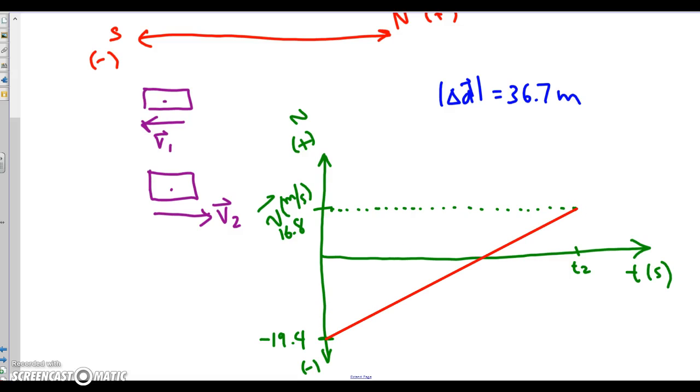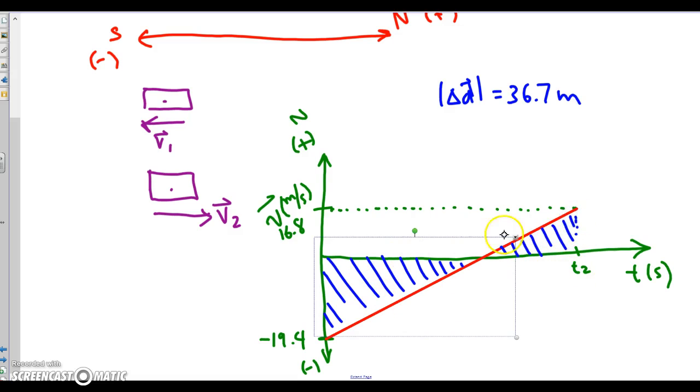We also learned an important thing when we talked about velocity time graphs. We learned that we can figure out the displacement between 2 points in a constant acceleration continuous motion problem by figuring out the area under the velocity time graph. If we just look at the area without even determining what the area is, you can easily tell that the displacement in the negative direction is larger in magnitude than the displacement in the positive direction.